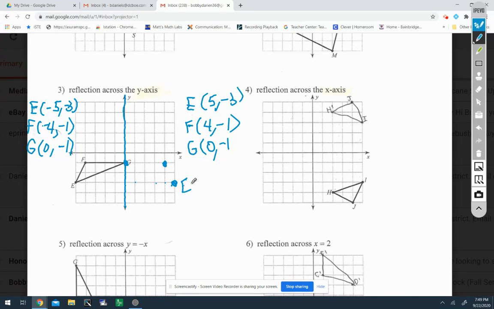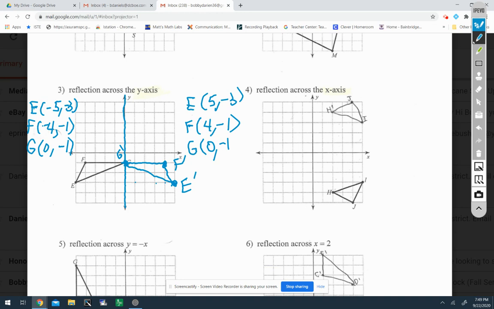There's E, I'm going to call it E prime. There's F prime, and there is G right there, G prime, right on that line. So if we connect this, we have a transformation across the y-axis.